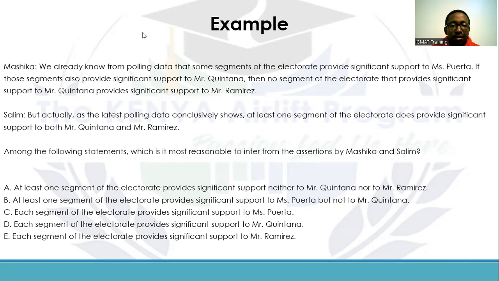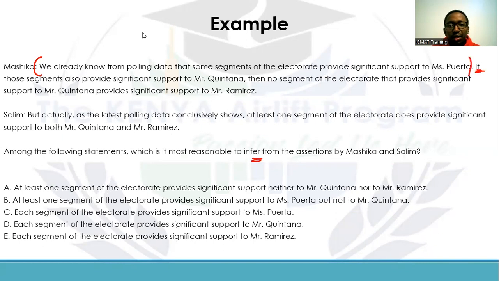So again, we see it's an inference. Okay, so first of all, let's ask ourselves, what do we know for sure? So here, we already know that some segments of the electorate provide significant support for Mrs. Puerta.